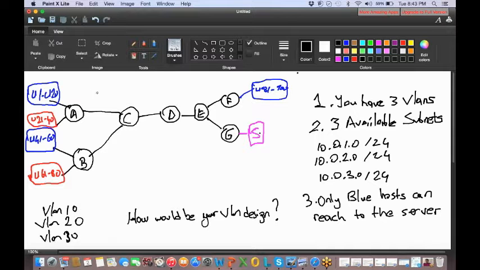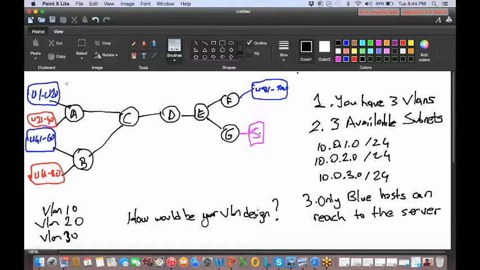In general, there are a couple of best practices people consider. Put nearby users, nearby hosts, into the same VLAN, and then let's see what would happen.